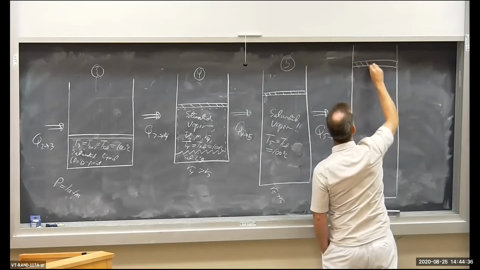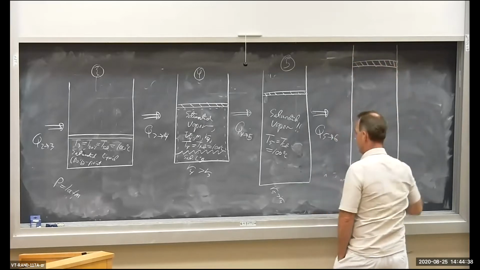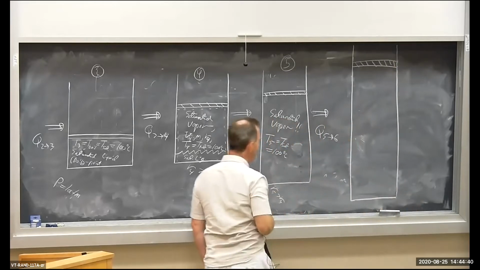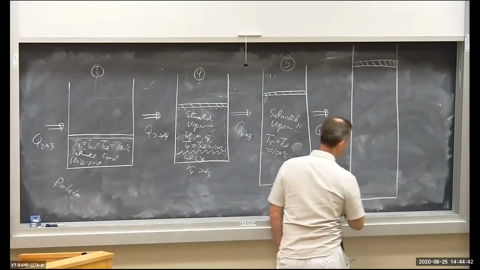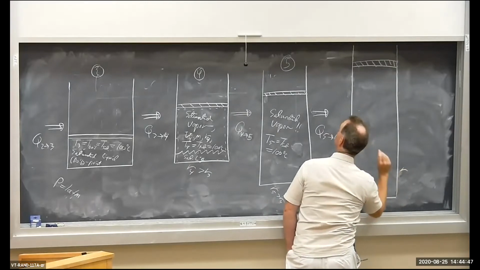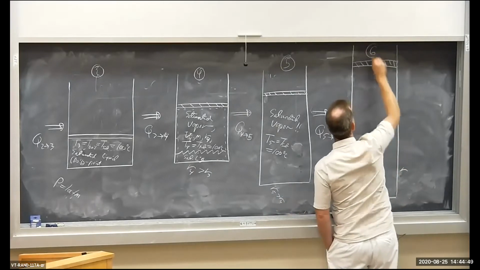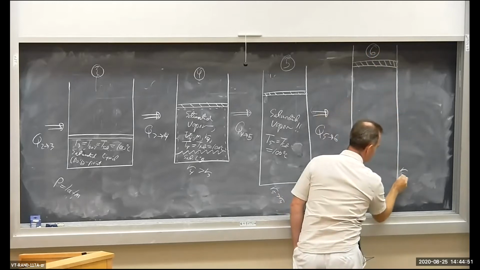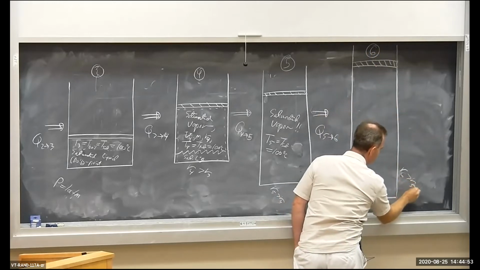Okay? So volumes increase. So V6, state 6. V6 is greater than specific volume at state 5.